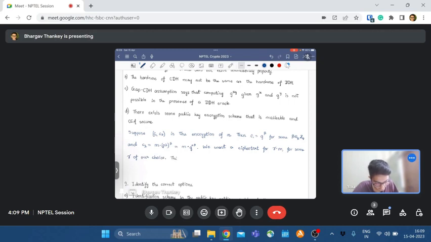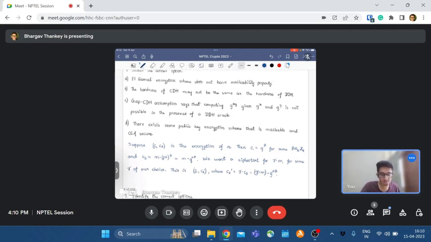This is C1, C2 prime, where C2 prime is just gamma times C2, which would be gamma times M times g to the alpha beta. It's easy to see that C1, C2 prime is a valid ciphertext for gamma times M, and so the ElGamal encryption scheme is malleable, so A is false.